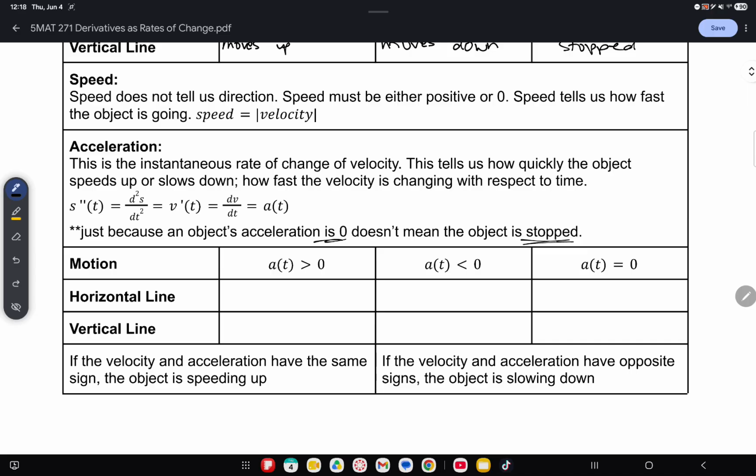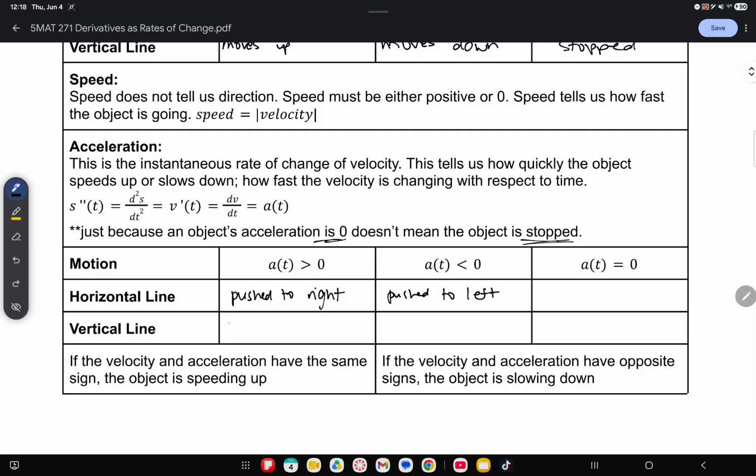So if we're moving across a horizontal line, if the second derivative of the position, so acceleration, is positive, we could say we're pushed to the right. If it's negative, we would say pushed to the left.